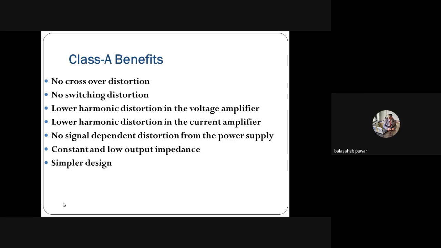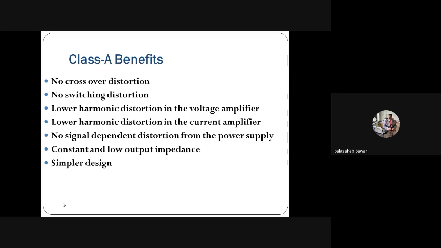Switching means it turns on and turns off. That action does not take place in class A. It will take place if it is class B, class AB or class C. If it is configured as a class B amplifier, then the operating point will be on the x-axis.